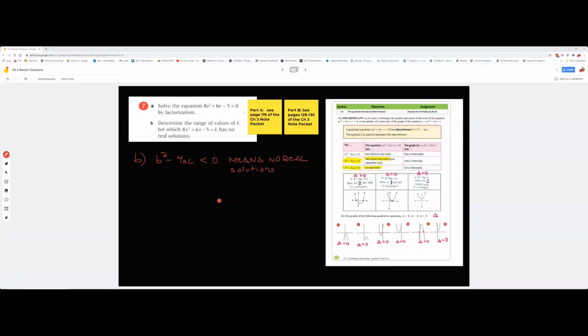All right, part B. Determine the range of values of k for which 8x squared plus 6x minus 5 equals k has no real solutions. All right, so for something to have no real solutions, its discriminant has to be less than 0.